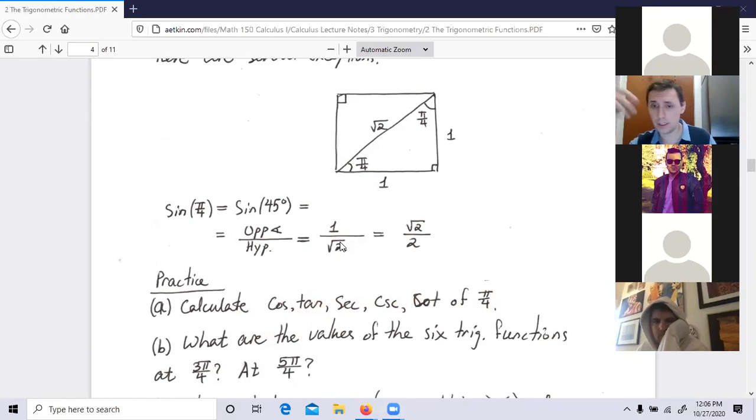Don't leave it alone, right? It's very easy to understand. There is nothing so terribly complicated about trig. Please calculate cosine, tangent, secant, cosecant, cotangent at pi over 4. And let me know in the comments.